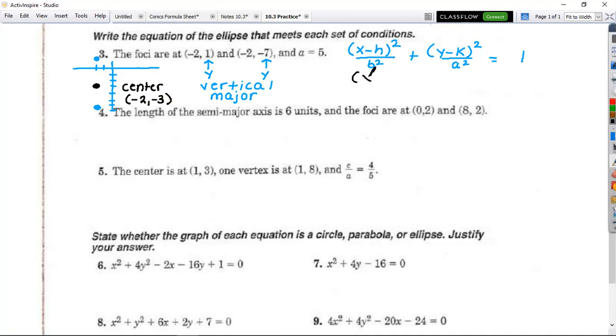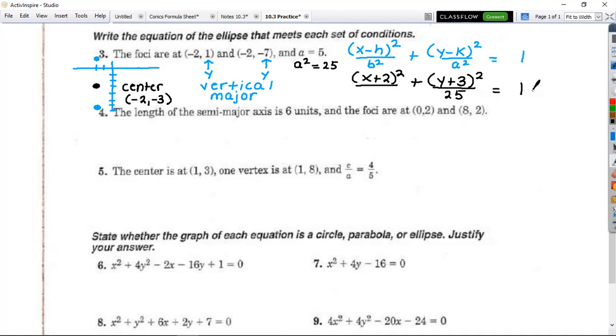So I have x plus 2 squared over something, and then plus y plus 3 squared. Actually, we already have a. So therefore, a squared is just going to be equal to 25 equal to 1.